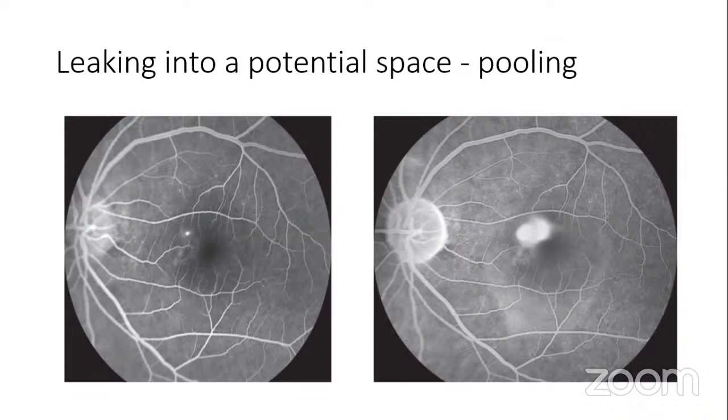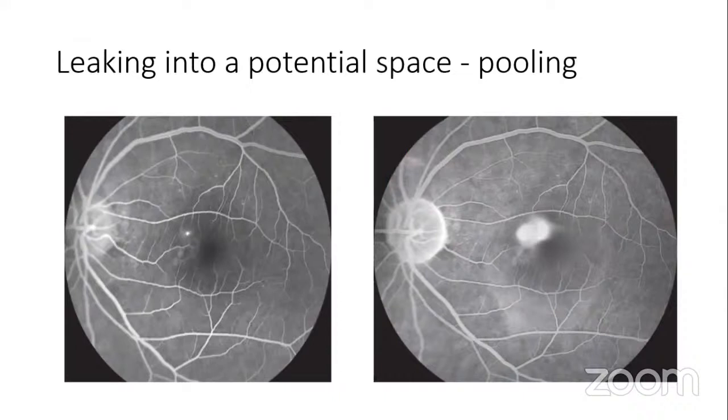But with time, through the angiography, more of the dye comes in. And as it comes in, it seeps into the potential space created and gives something like a smokestack. The idea with the smokestack is that the pipe of the chimney is thin, but the smoke coming out of it is wide.